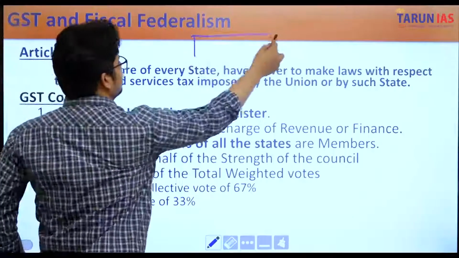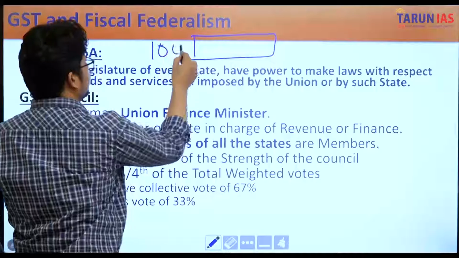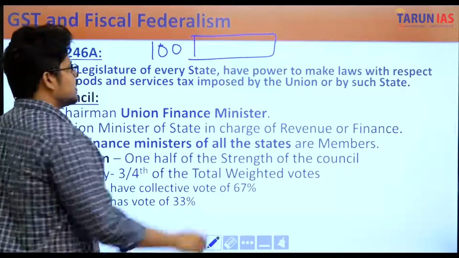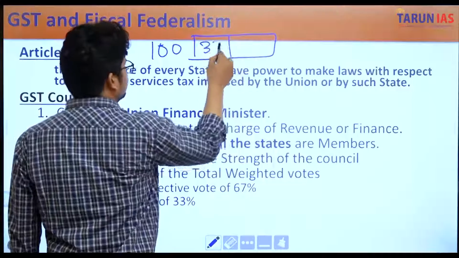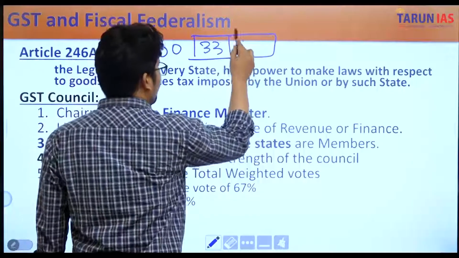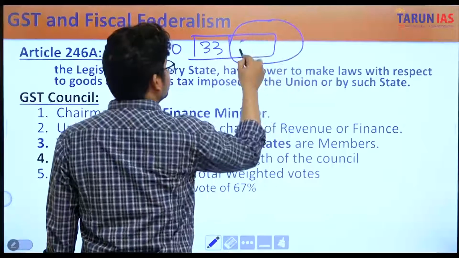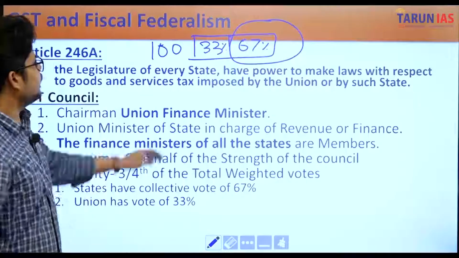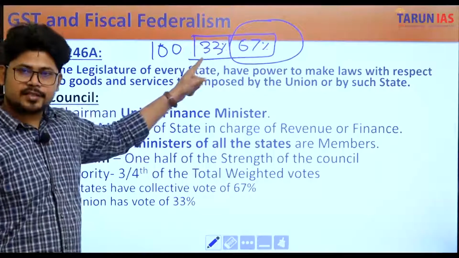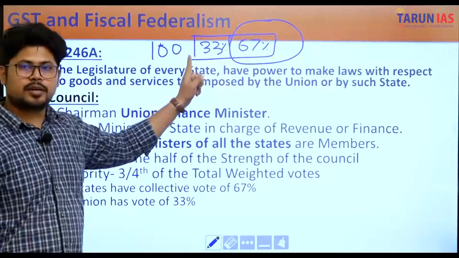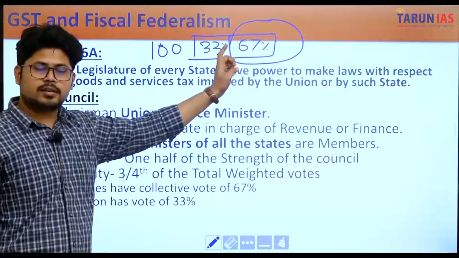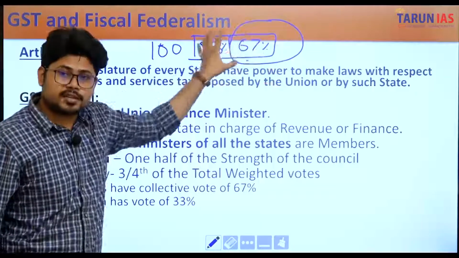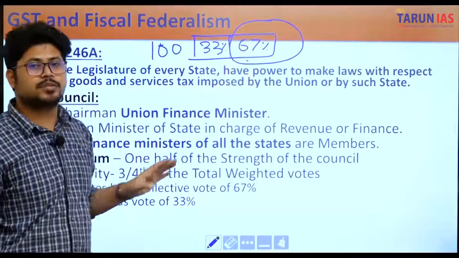If we consider the total votes to be 100, the central government has 33 votes, and all the state governments combined have 67% of the vote. Understood? The central government has a 33% vote share and all the states together have 67% of the voting power.